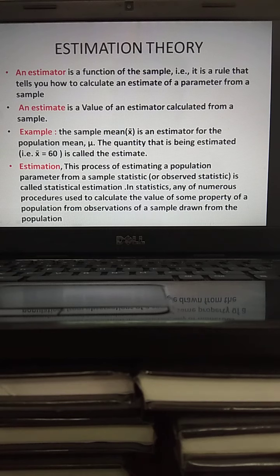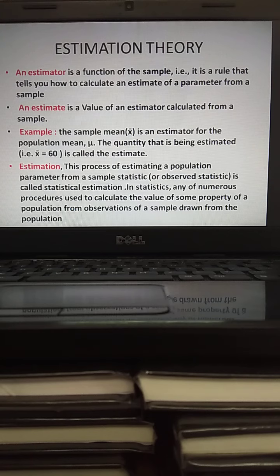The first one is the estimator, the second is the estimate, and the third is the estimation. What do you mean by an estimator? An estimator is a function of the sample. It is a rule that tells you how to calculate an estimate of a parameter from a sample. So an estimator is nothing but a statistical formula.